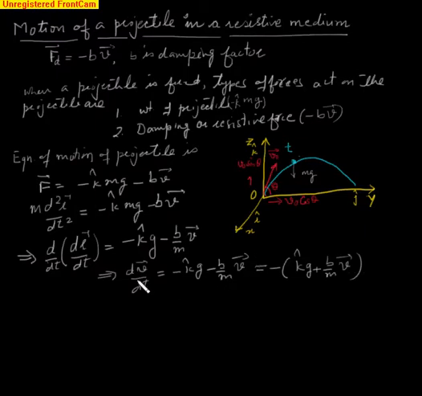So let us bring the dt here, and I will bring this vector to the left hand side because velocity is the variable. So we can write this equation as dv vector divided by k g, that is the weight component, plus b over m v, equal to minus dt.